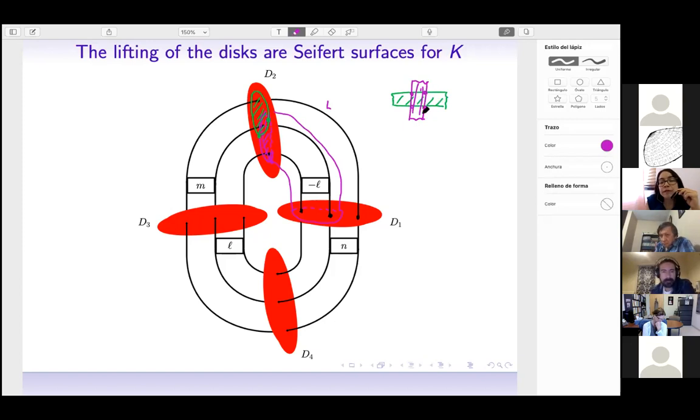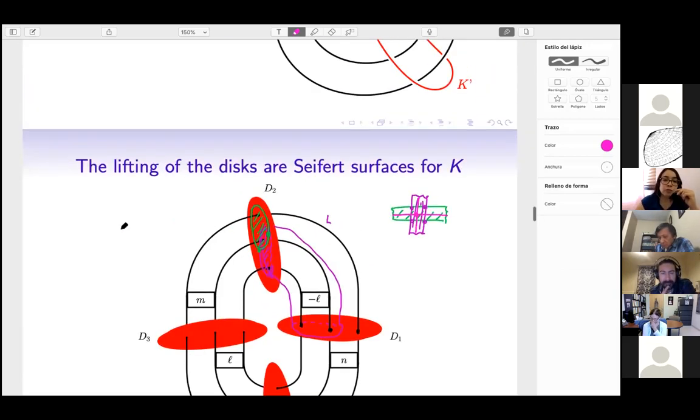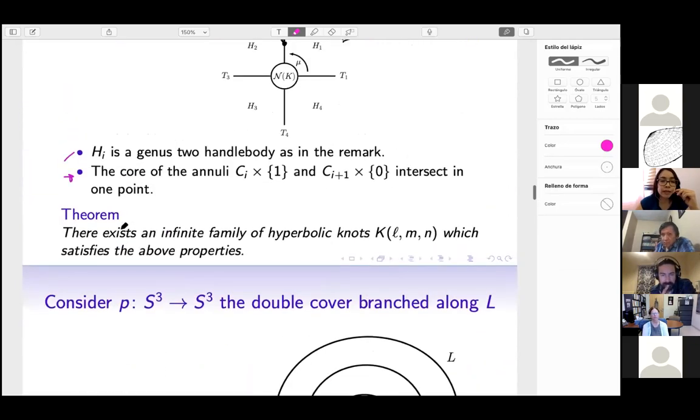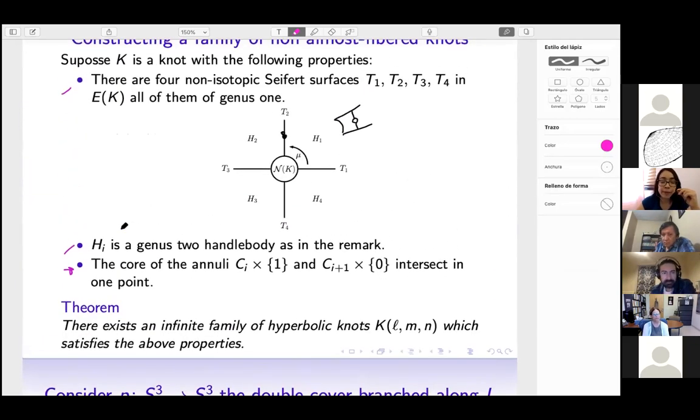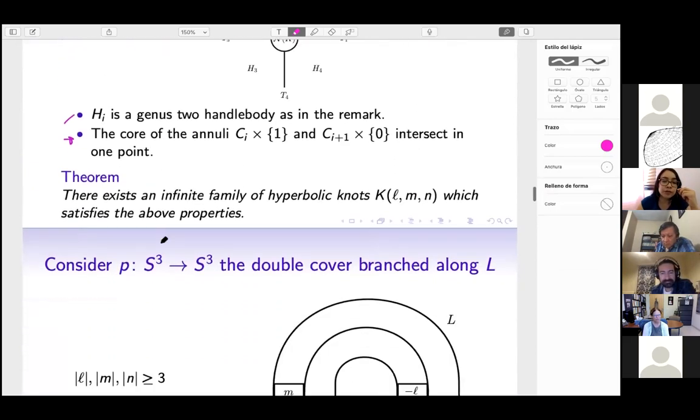But if we take just the core of them, we will have that they intersect in 1 point. So we have proof that this family satisfies these 3 properties.